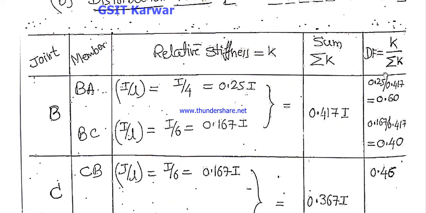For member BA, the K value is 0.25 I divided by the summation of K, 0.417 I. Here I and I cancel, so the remaining is 0.25 by 0.417. Calculating this, you get 0.60. Similarly, here you get 0.40.